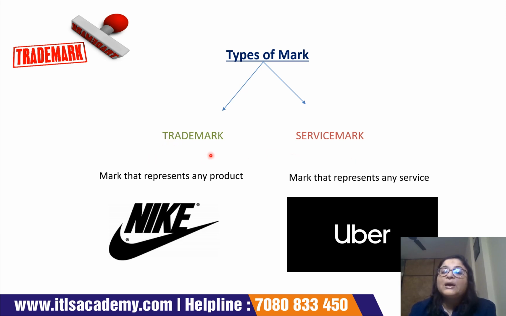A trademark is a mark that represents a product, like Puma shoes or Nike shoes. These are the marks representing those specific shoes. Now there is another mark, that is the service mark. A service mark does not represent or distinguish any product.